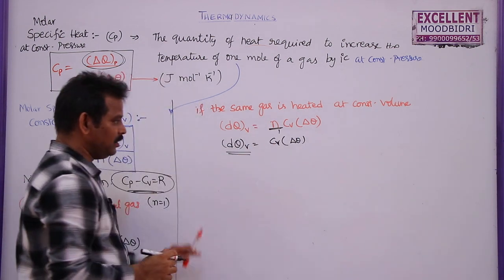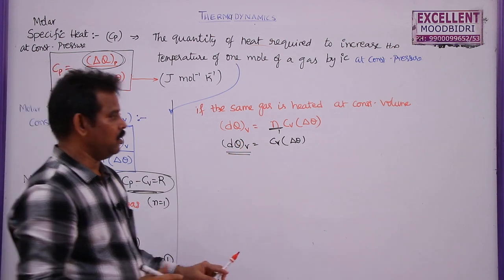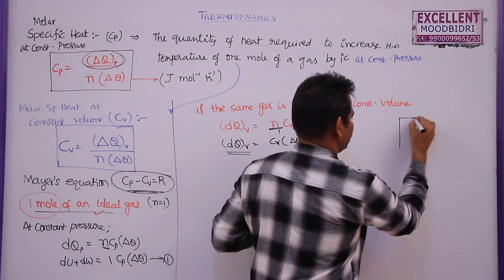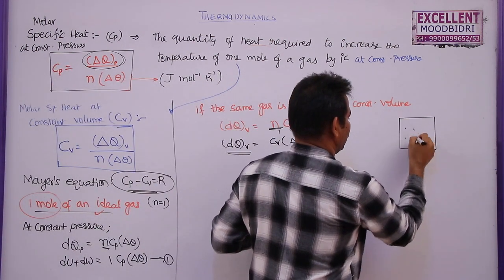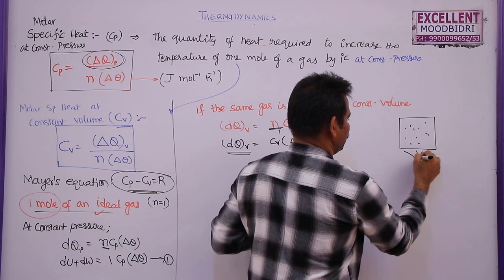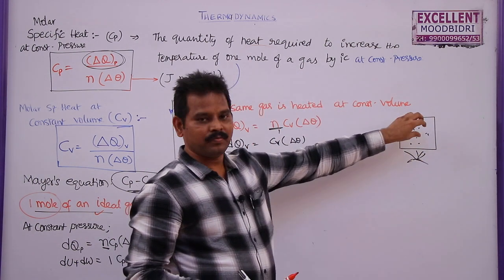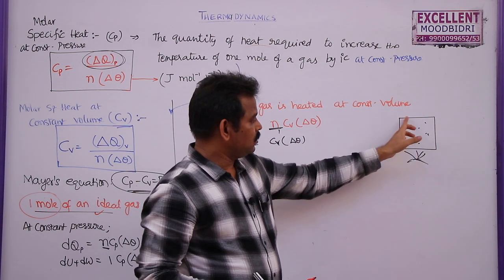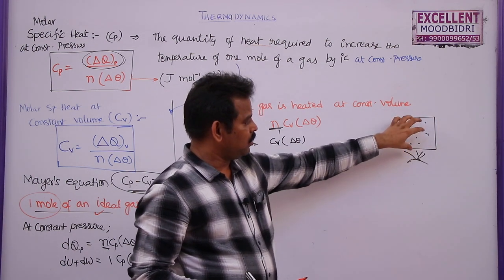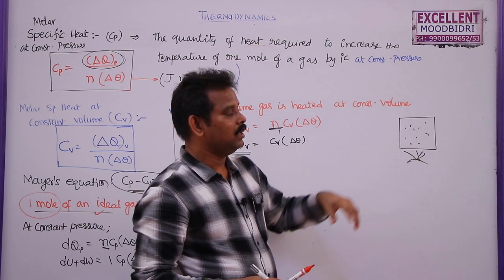But whenever heat is supplied to a system at constant volume, let me take the gas in a container, and this is the gas. When it is heated, what happens? The volume of the gas cannot increase because it is inside this closed chamber. The volume cannot be more than the volume of this container.